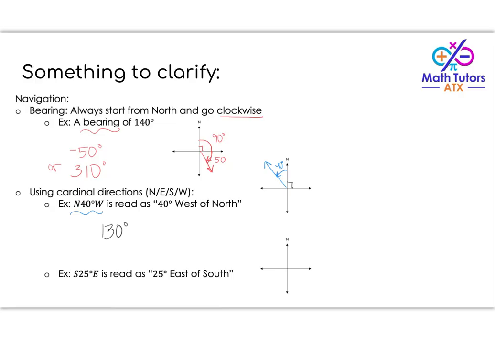Okay, and then this last one here says 25 degrees east of south. So I start at south and then I'm going to go 25 east of south. So that's the 25 degrees there. And if you think about, again, the unit circle, 0, 90, 180, 270, plus that 25 is 295 degrees on your unit circle. You could also say negative 65 degrees.